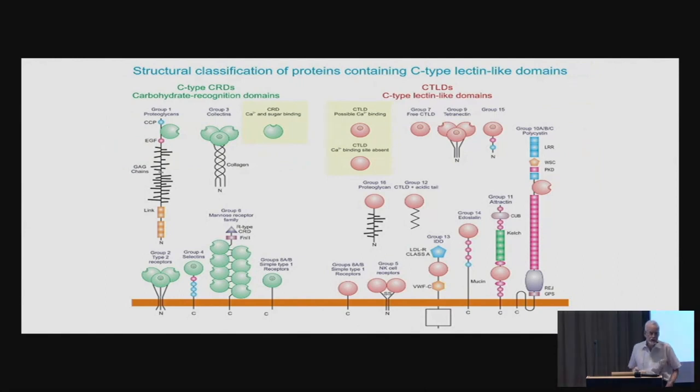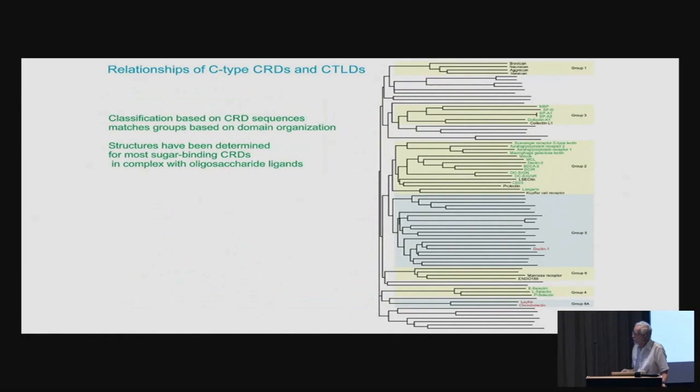So that says that each of these structural groups evolved, and then the carbohydrate recognition domains within them sub-evolved in some different ways within the groups. And that can be very useful to us in understanding their sorts of functions.